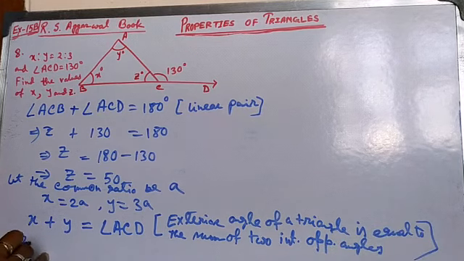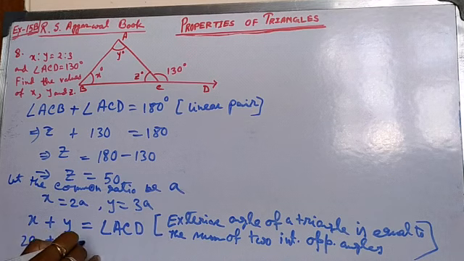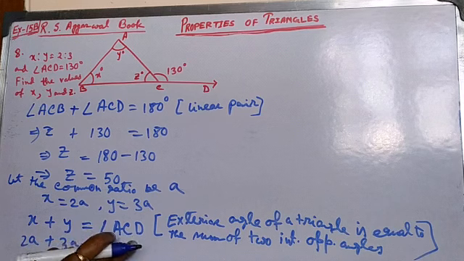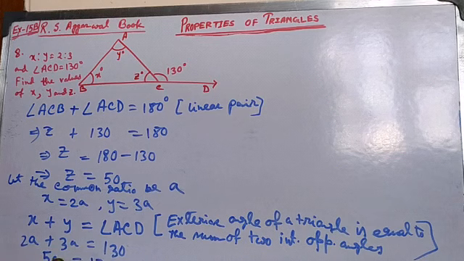That means 2a plus 3a equal to 130 degree. Degree I will not write, just the value I have written here. So 5a equal to 130, a equal to 130 by 5. That means 5 2 is 10, 5 6 is 30. So a equal to 26.